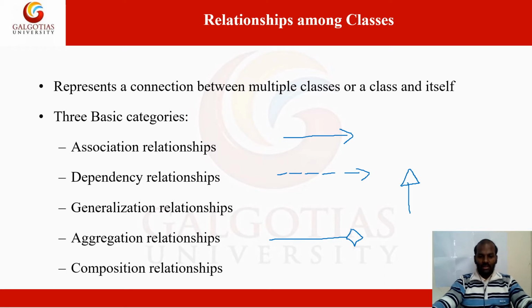And coming to composition, it is the same as the aggregation model, right? The diamond symbol comes at the end, but the diamond symbol should be shaded. So this is the composition notation, right? Each kind of notation is used in your class diagram for different scenarios between two different kinds of classes, right?